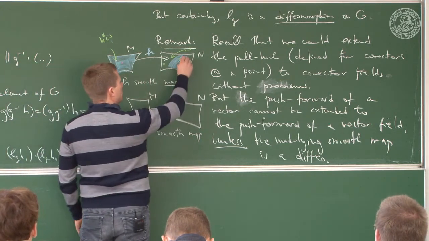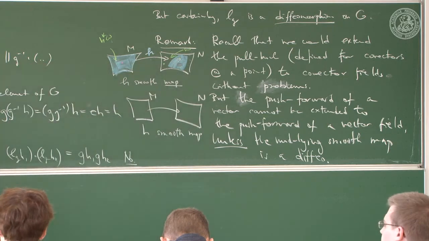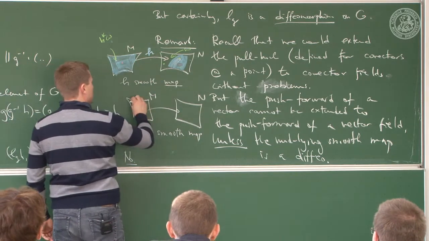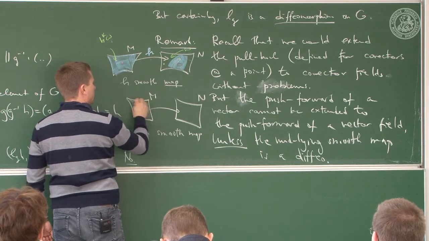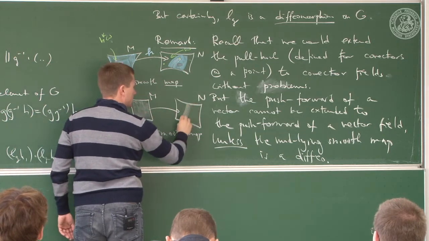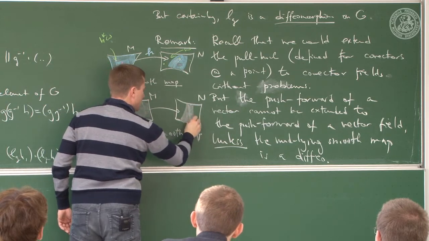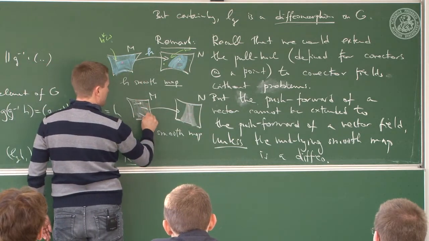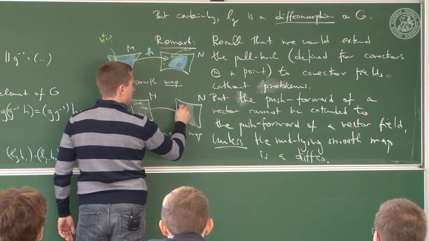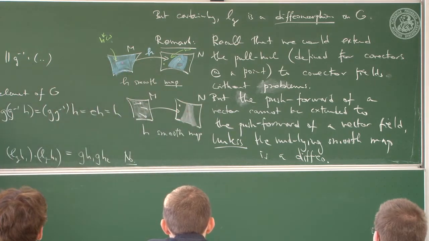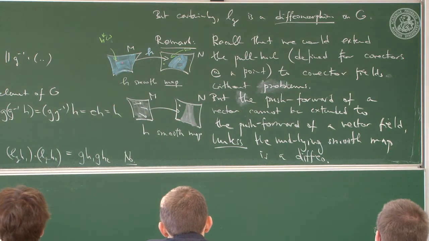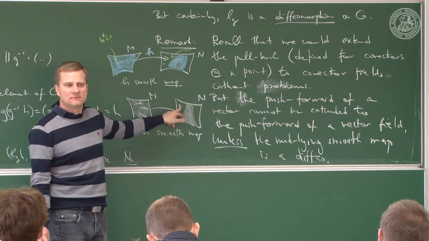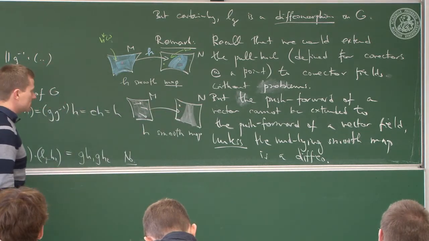First of all, not every point over there is hit. If we take the same picture here, I take every point here, of course, because it's a map, but only some region, namely the image, is hit. So from a vector field that's given here, you will never be able to define a vector field at that point by push forward, because none of the points here is being mapped to this point.